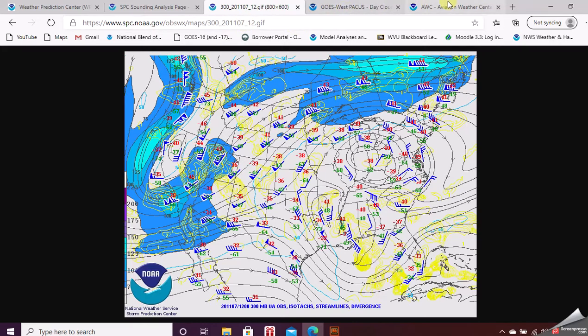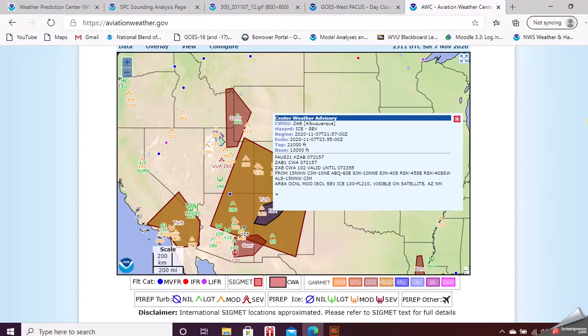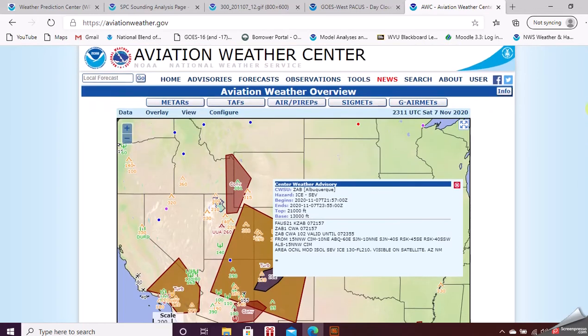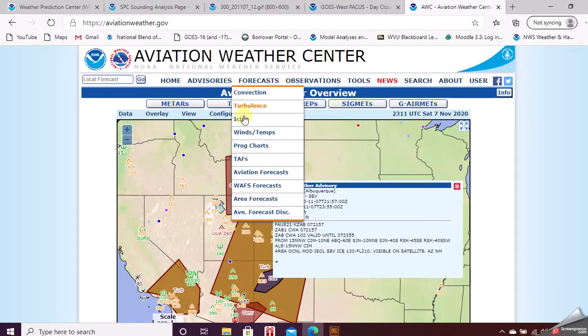So all of that brings us back to the aviation weather page. And you can see here they're actually calling for some icing where we were looking at it down here, some convection out here, but some other things you can look at here. Because we were looking at icing here, let's take a look at where some icing might be happening.